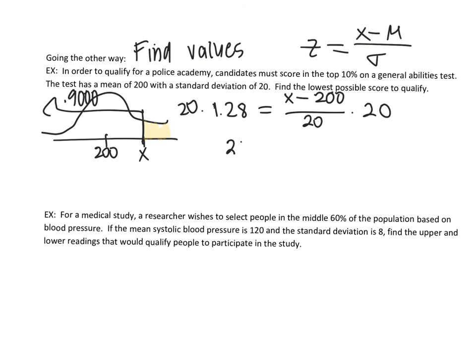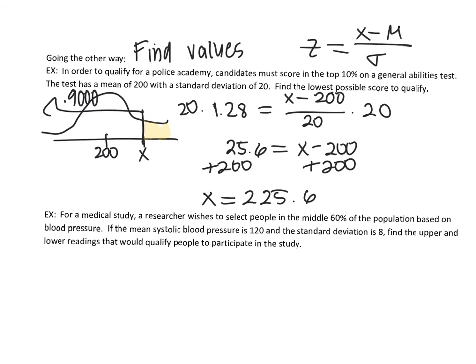We get 25.6 equals x minus 200. Add 200, and you get 225.6. That's the minimum score in order to be in the top 10%.